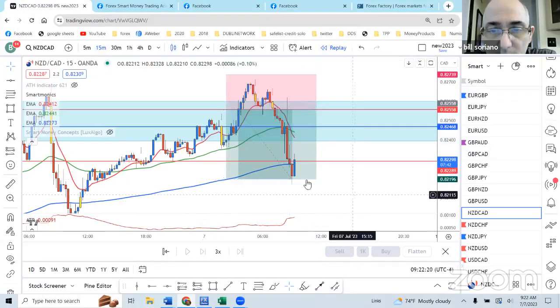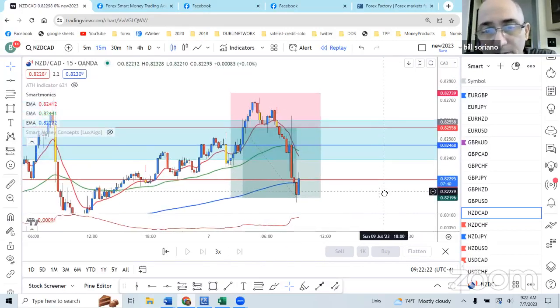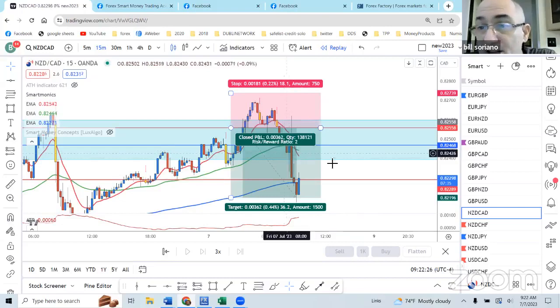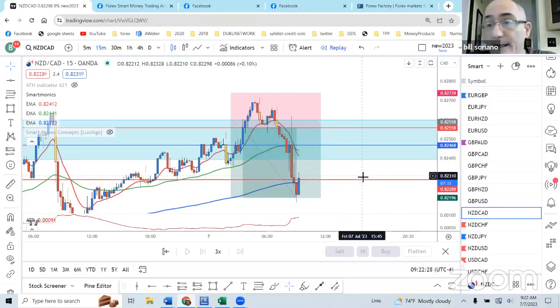Our 1 to 2 was right there. That's a winning trade. So it's a winning trade. You could have decided to get out before that news candle in profit, so it would be a winning trade. Or if you stuck around through the news, you would have gotten out at your take profit goal of 2R, or 2 times your risk.